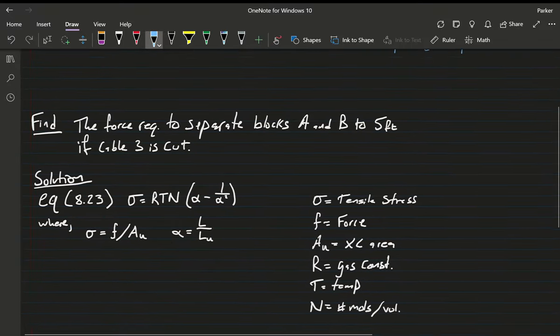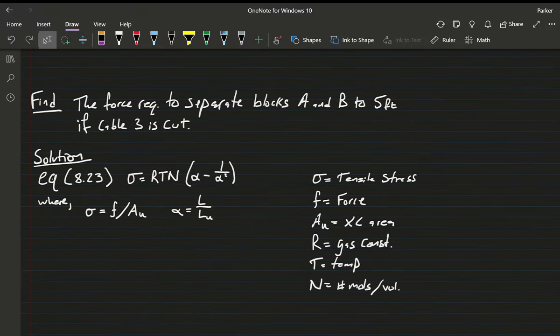So the solution to this problem starts with equation 8.23 in your book, which is right here, where we have sigma is equal to RTN times alpha minus 1 over alpha squared, where sigma is the tensile stress, and R is the ideal gas constant, T is the temperature, and N is the number of moles per volume.